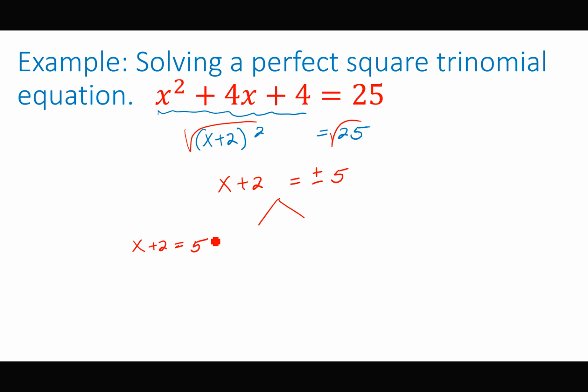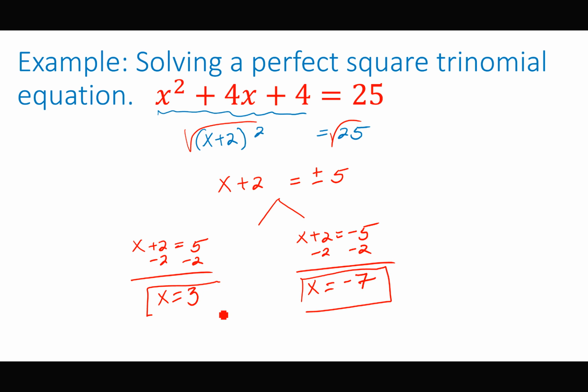So x plus 2 equals 5, and x plus 2 equals negative 5. Subtract 2, I end up with x equaling 3. Subtract 2, x equaling negative 7. So my two solutions are negative 7 and a positive 3.